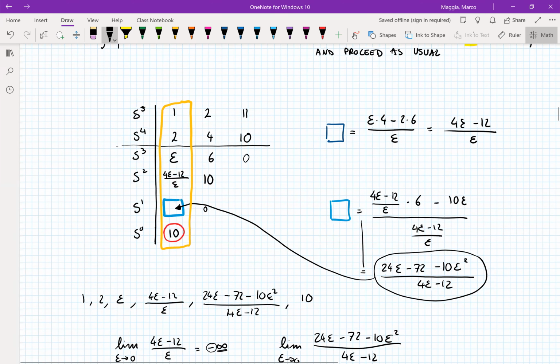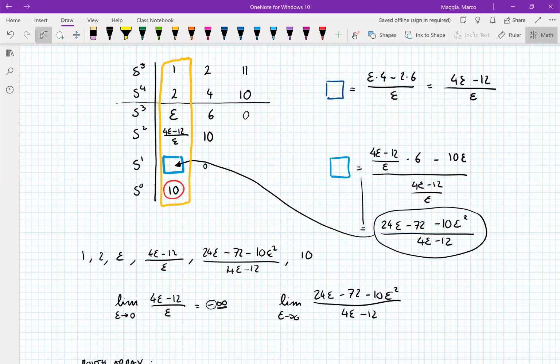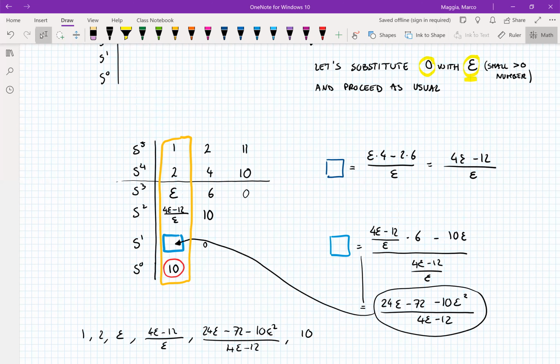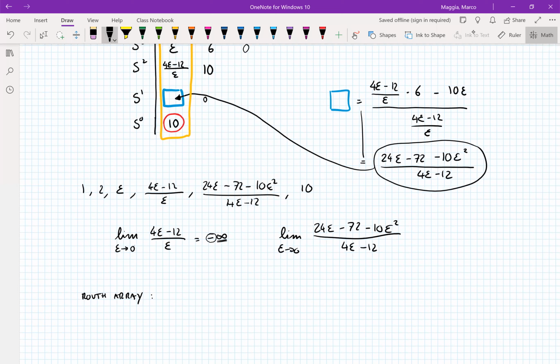One thing that I should say is that epsilon is a small but positive number. So technically, epsilon tends to 0 plus. So in this case, you see that this goes away, so you have plus 6.